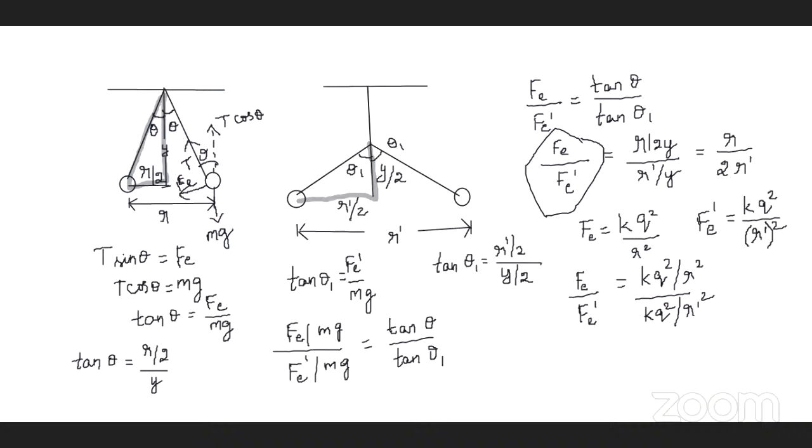So that is equal to r by 2r prime, that we have already written here. Here you can cancel out this kq squared and kq squared, and then this r prime squared will go to the numerator and r squared will come to the denominator. So r prime squared by r squared equal to r by 2r prime.